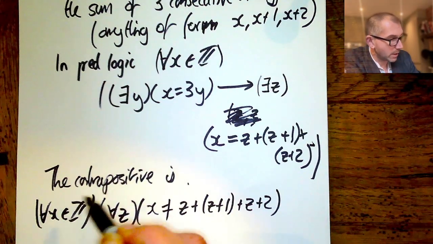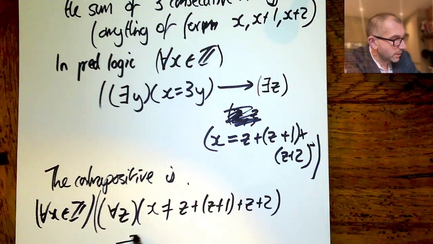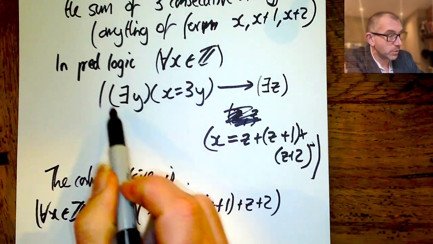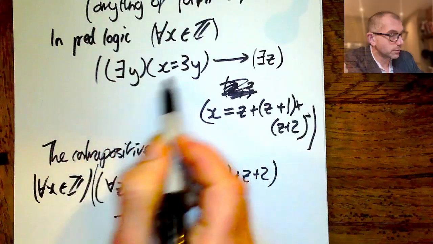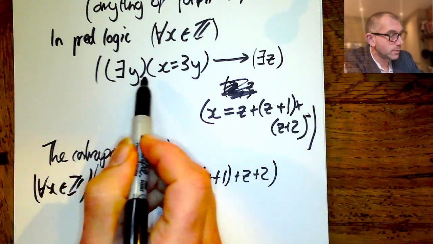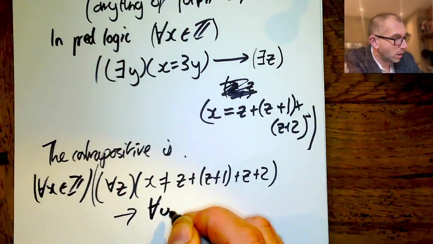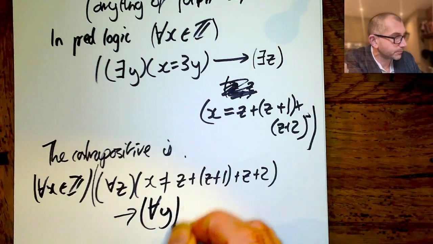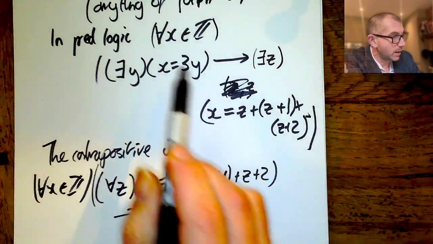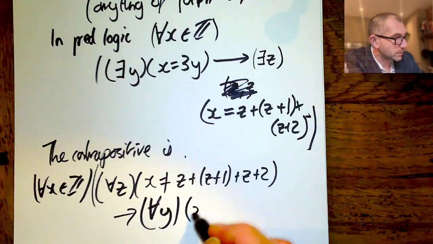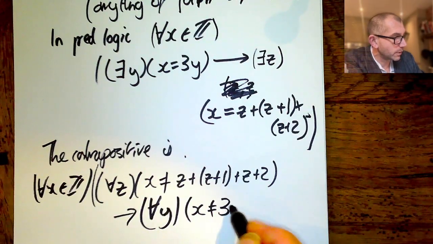So this now is supposed to imply the not of this. So the not of this is, again, you've got to move the quantifier through, so it's for all y, not of this: x is not equal to 3y.